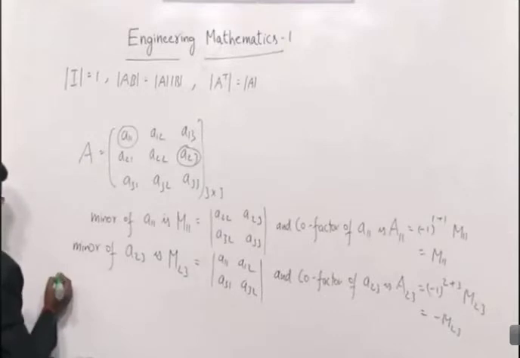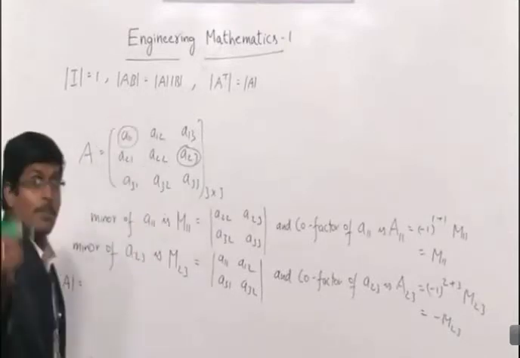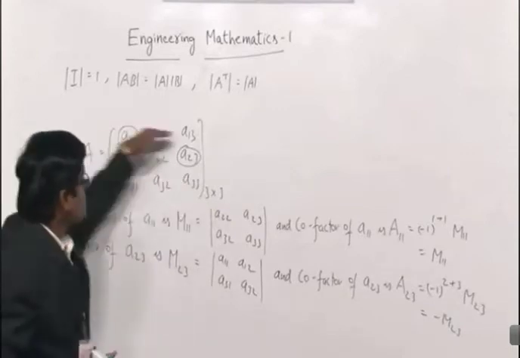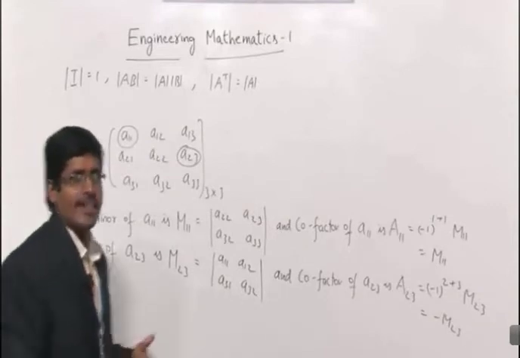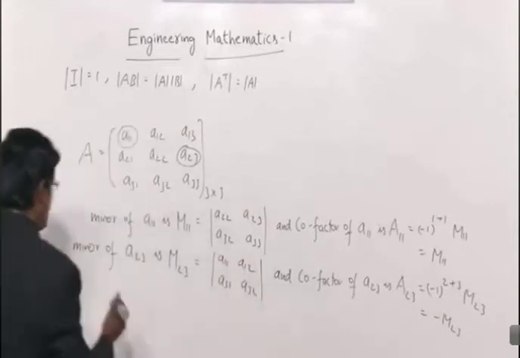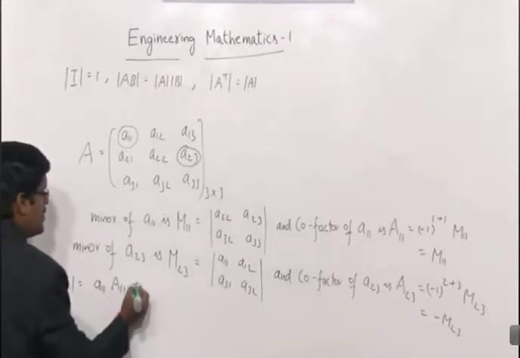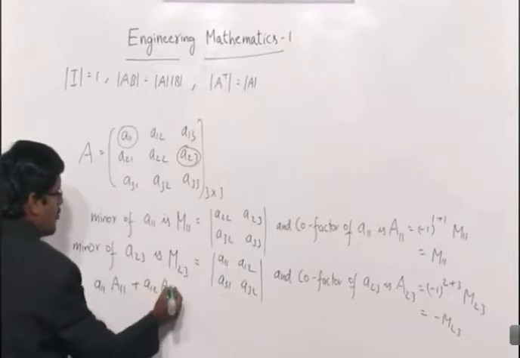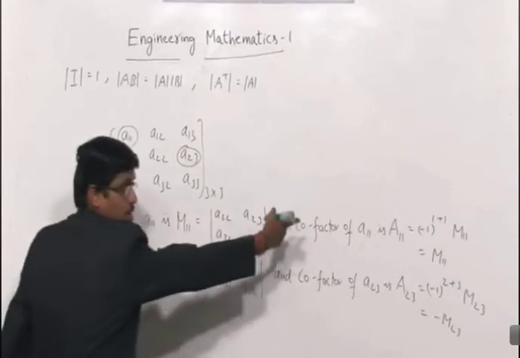Next, determinant A. The determinant can be expanded by any row or any column. People are habituated to the first row only. So in the first row, there are 3 elements. Each element is multiplied by its cofactor and then added. The first element in the first row is A11, with cofactor denoted by capital A11. The second element is A12, multiplied by its cofactor A12. I showed you how to find the cofactor.